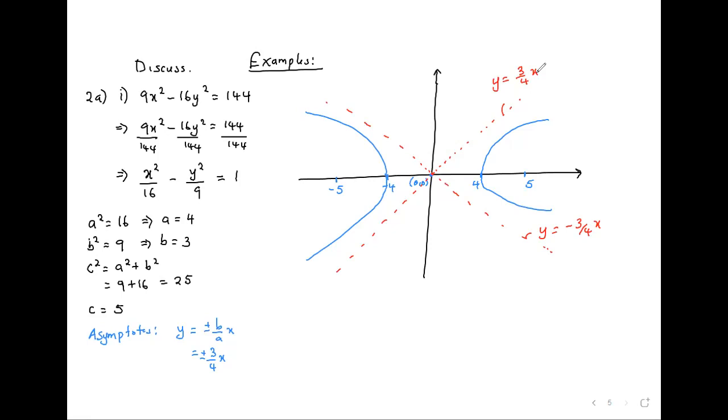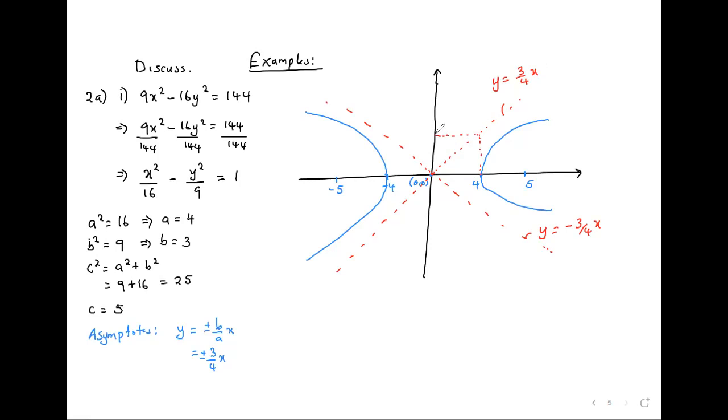Normally, when you're discussing the hyperbola, the b is not shown, but coming from the vertex, you hit these lines. So this distance here is b.